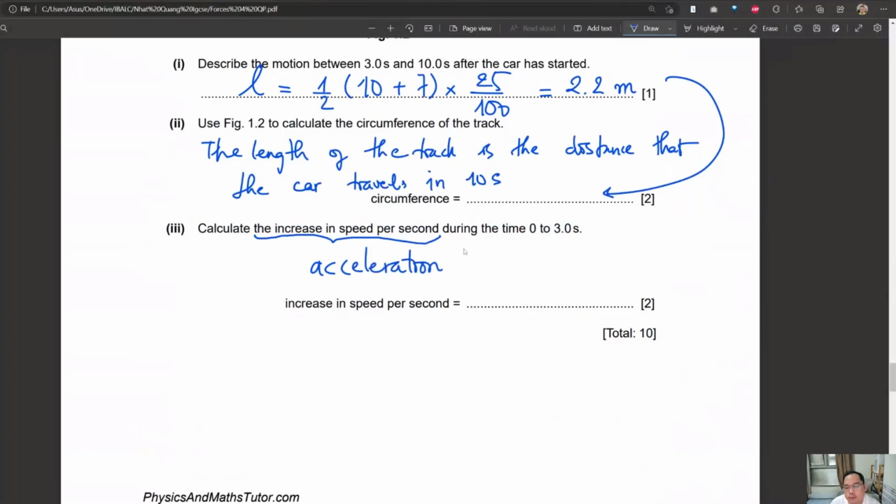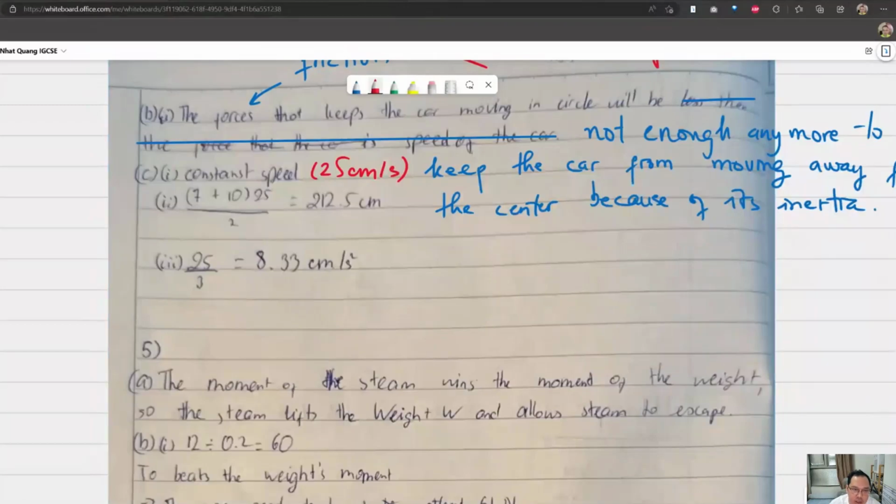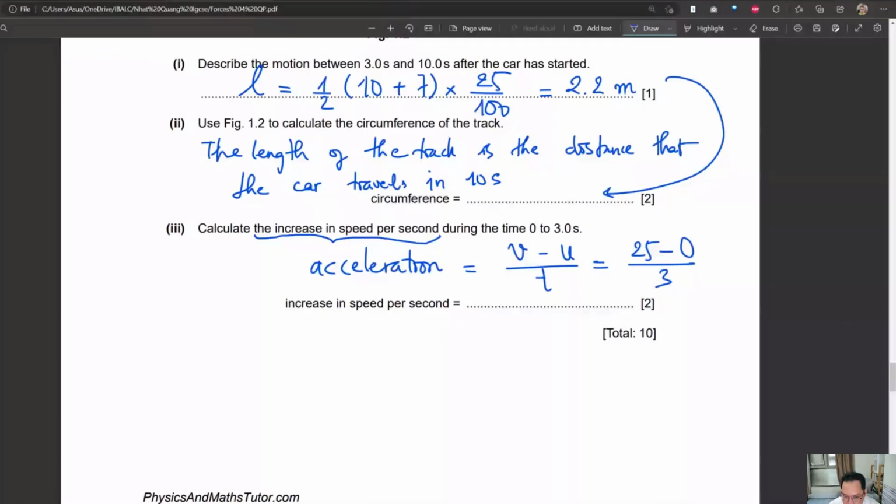So acceleration is the final speed minus the initial speed divided by the time. Final speed is 25, initial speed is 0, the time is 3. So you did it correctly. Okay, well done. But I just want to emphasize that the whole long noun phrase here is the acceleration.